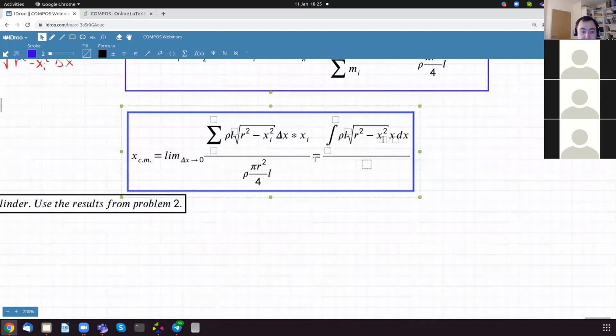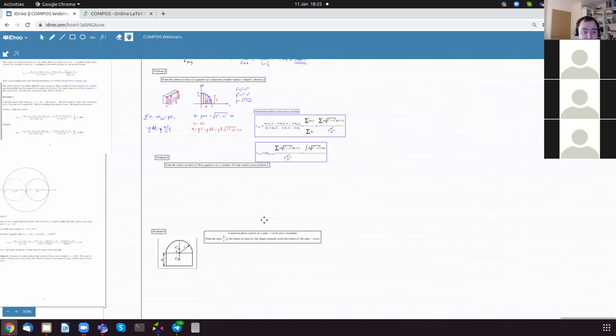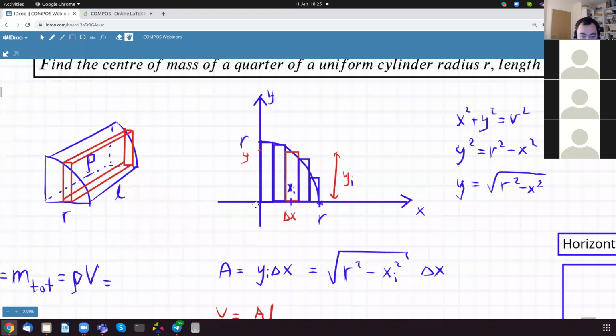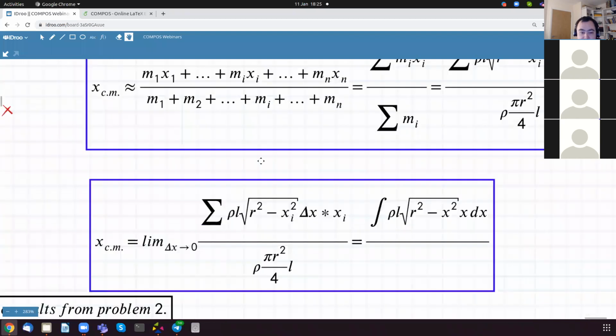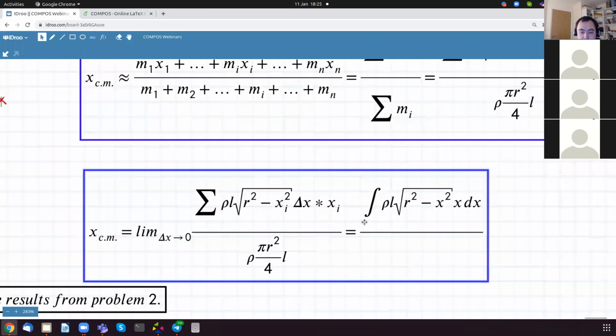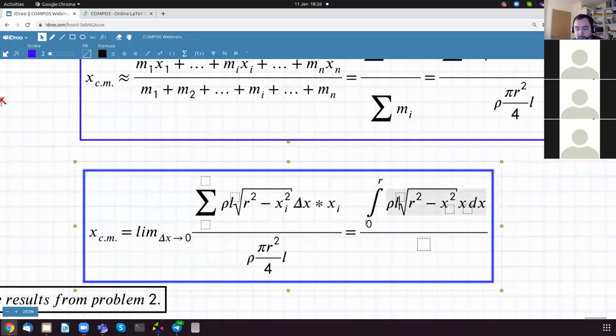And we need the limits. Looking at the graph, the limits are from 0 to r. And the bottom part doesn't change because there's no delta x. So it's simply a constant.